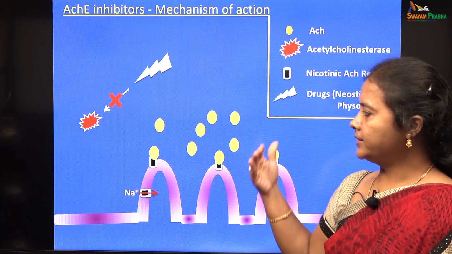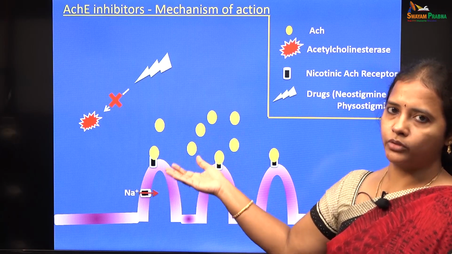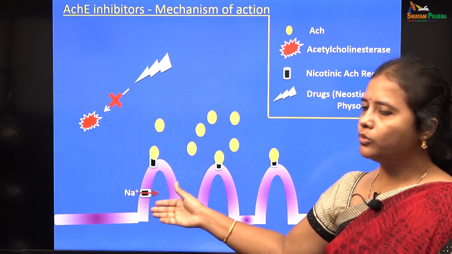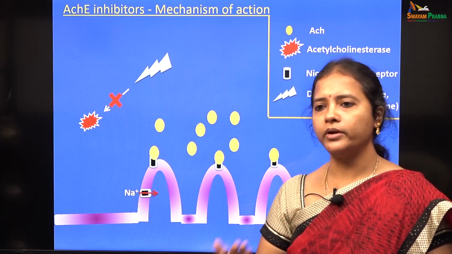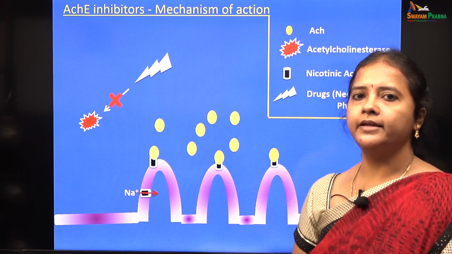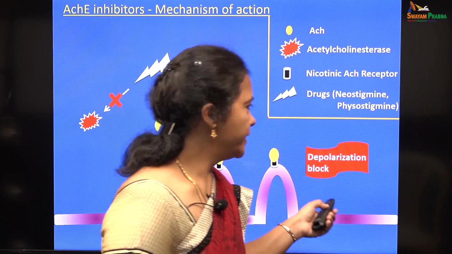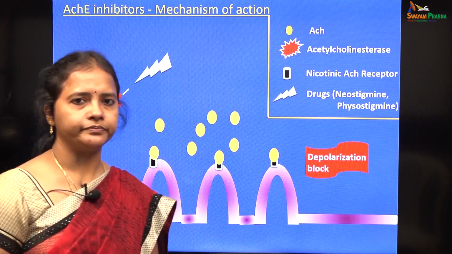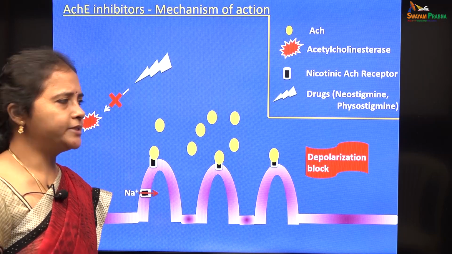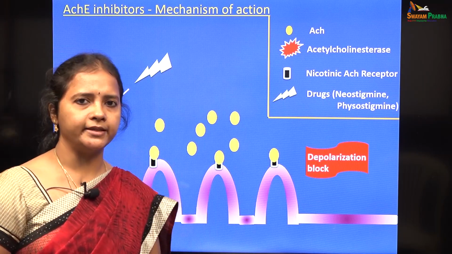So, because of availability of more amount of acetylcholine molecules, there is more opening of sodium channels, more entry of sodium ions, again leading on to a continuous depolarization, leading on to a further depolarization blockade. So, this is what happens with the acetylcholinesterase inhibitors.